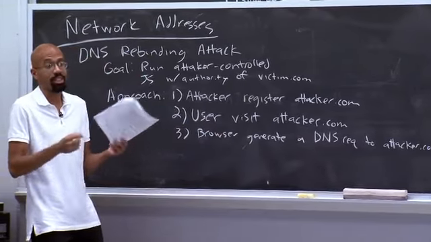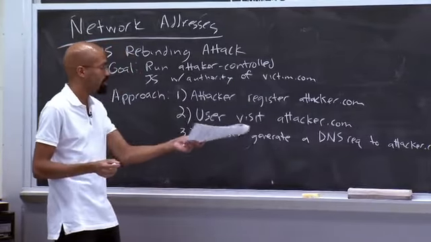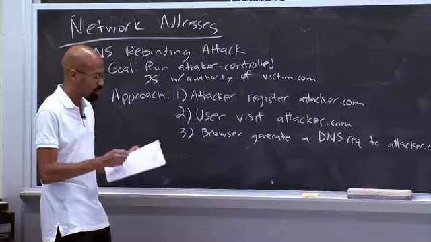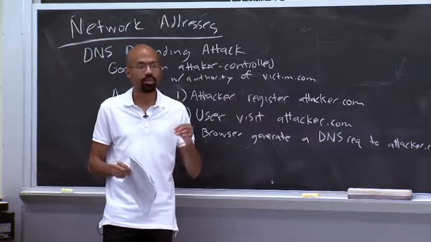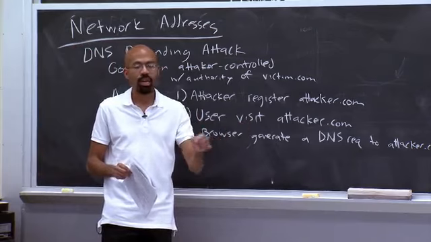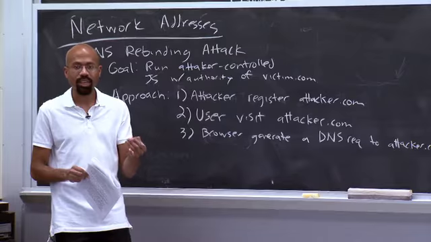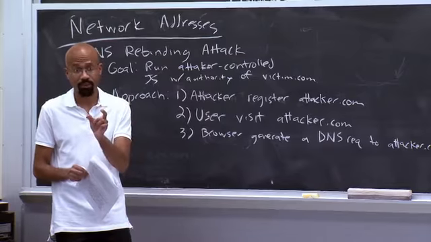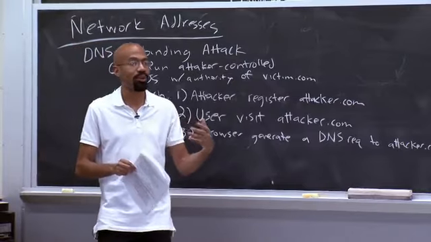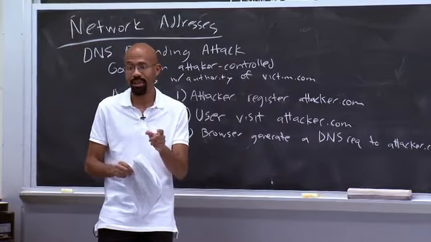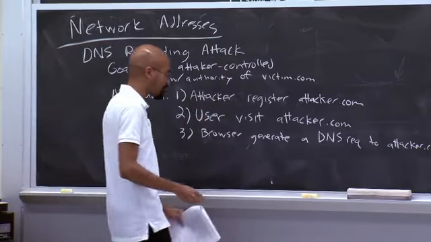The browser is going to say, I've never seen this domain before, let me send the DNS resolution request to attacker.com. The attacker's DNS server is going to respond to that request, but with a DNS result that has a very short time to live, meaning that the browser will think it's only valid for a very short period of time before it has to go out and revalidate.